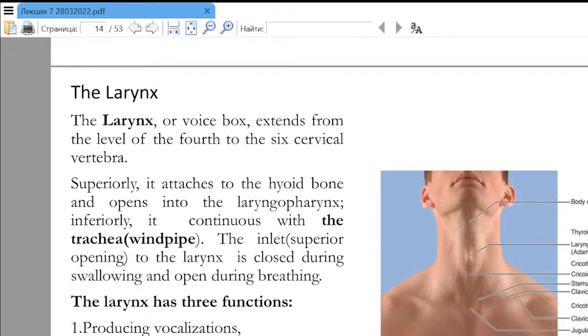Superiorly it is attached to the hyoid bone and opens into the laryngopharynx inferiorly. It continues with the trachea. These are the boundaries: the os hyoideus and the trachea.